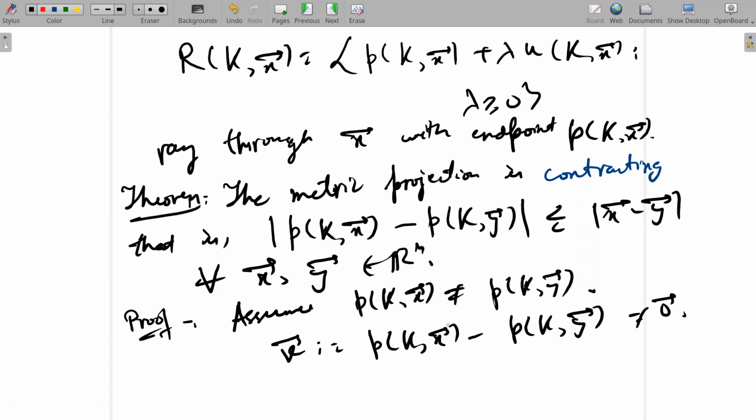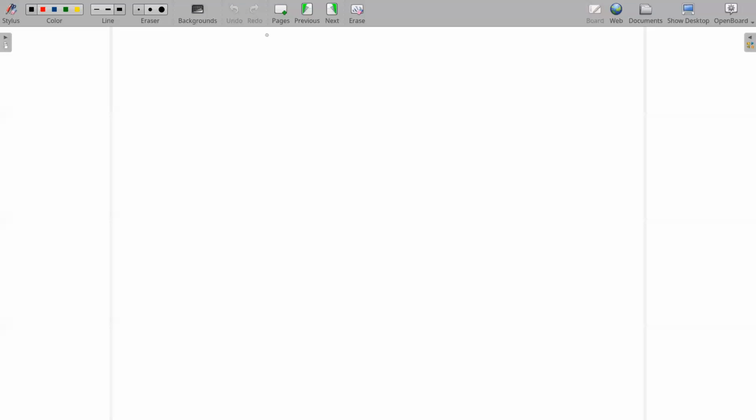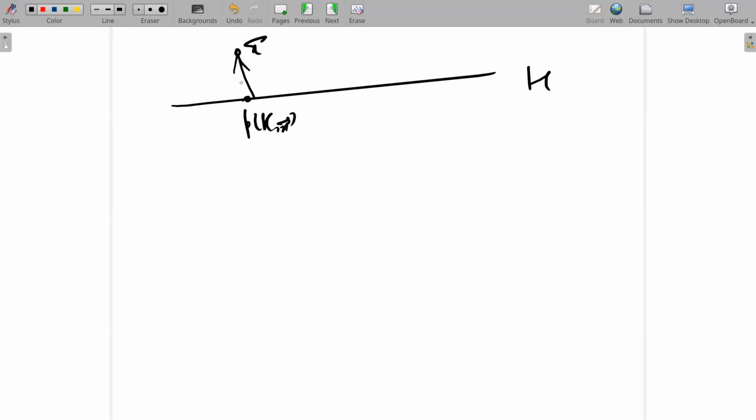Okay. So now let's say this is the hyperplane which is orthogonal. You have P_K x here, I'm not drawing K, and x is here. And this is the hyperplane, where you can treat this as that vector A. When we were defining hyperplanes, we had A and a scalar B. So here you take this as the vector and define the hyperplane based on the fact that P_K x is on that hyperplane.